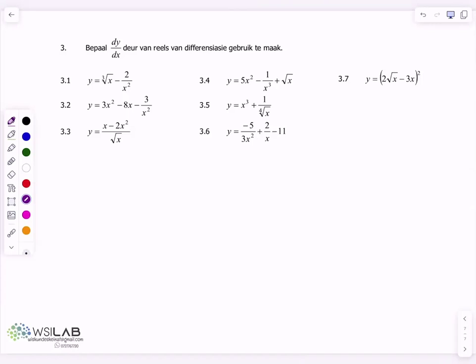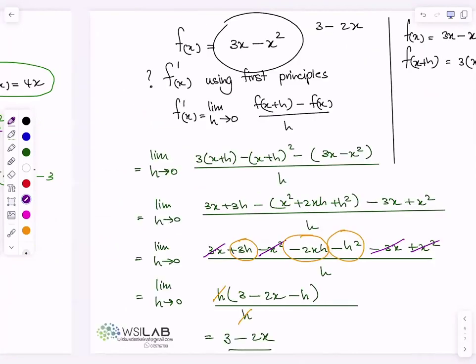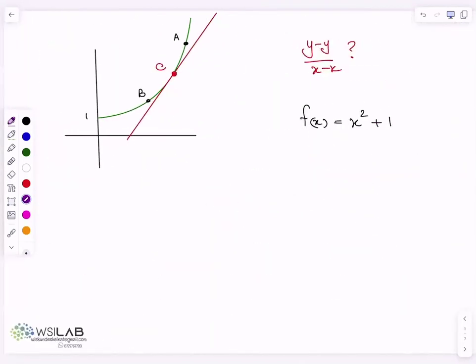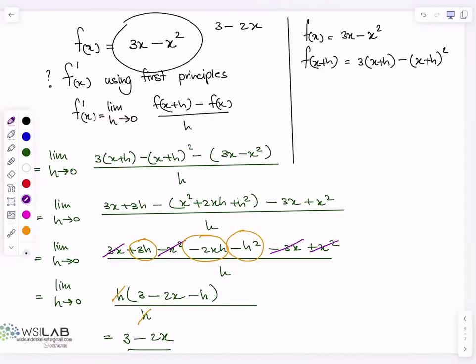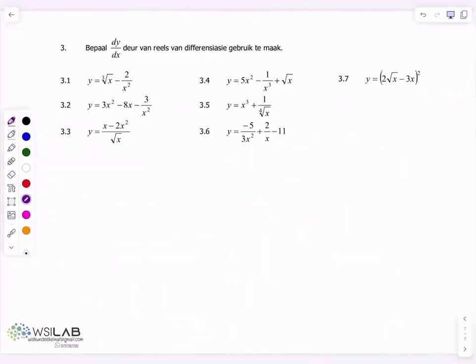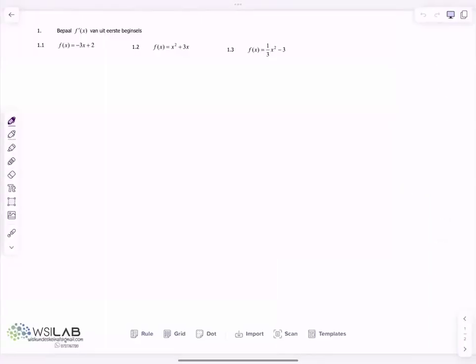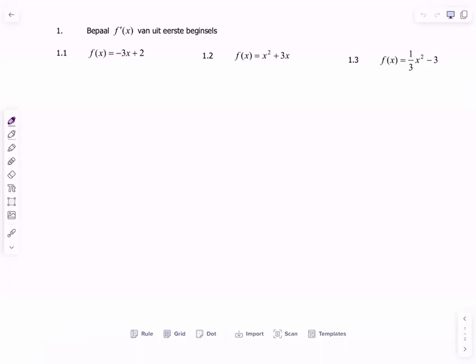No. Those I want you to do using not first principles, but the product rule. And I've got another page here. These I want you to do with first principles. Eerste beginsels is first principles.